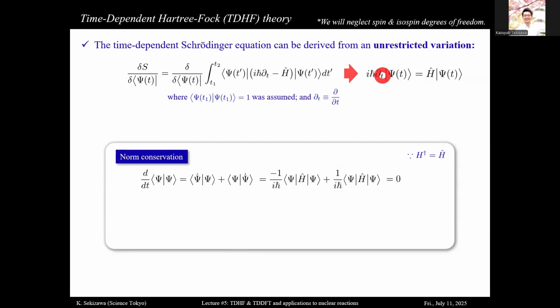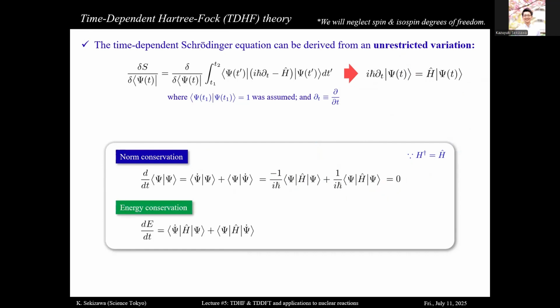By using the TDSE, you can replace psi dot by H psi divided by i h-bar. And you can easily show that the first and second terms cancel if H is Hermitian. So the norm is conserved in this way.